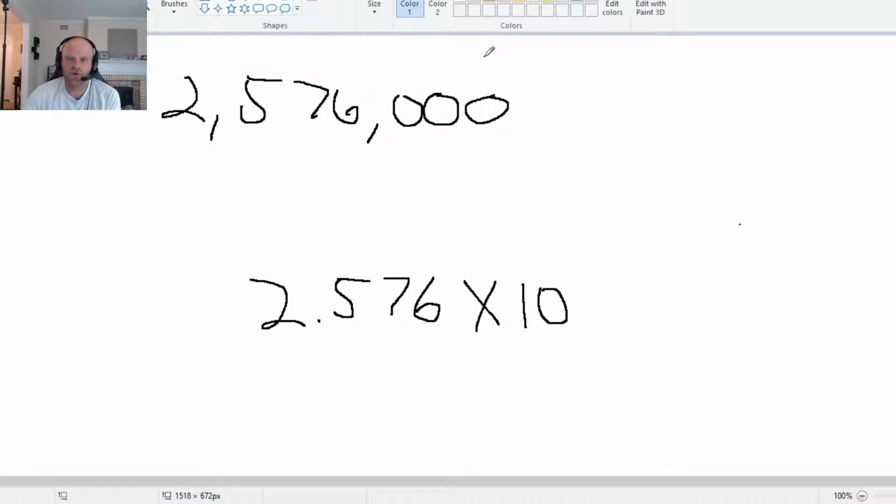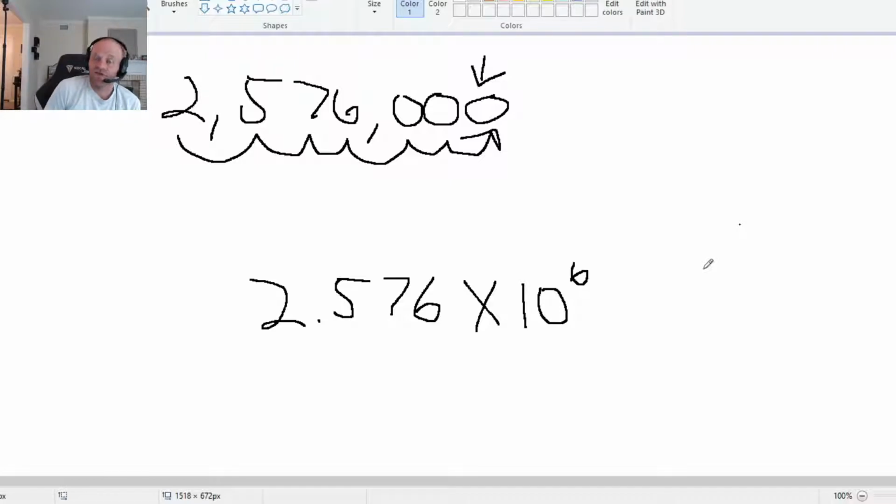My 2 is in the single digits place right here, right? So I'm going to move the decimal all the way back till I get to there, or move the 2 all the way back to the right: 1, 2, 3, 4, 5, 6. So that would be 10 to the power 6. That's all you're doing. You're moving it to where it should be in the coefficient, the single digit place.